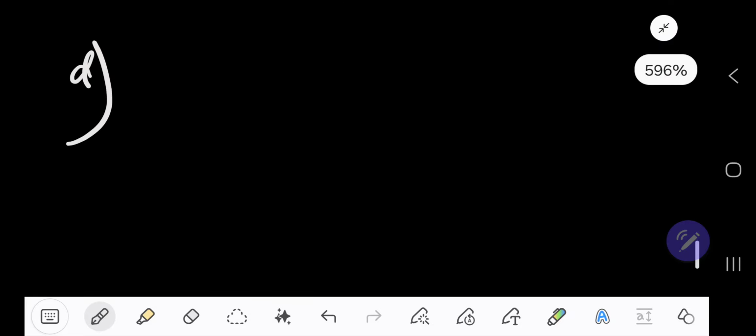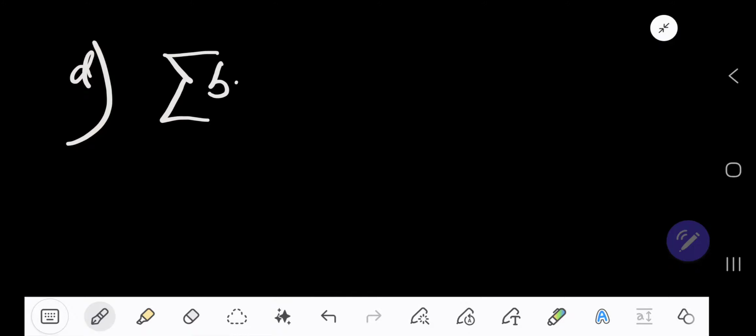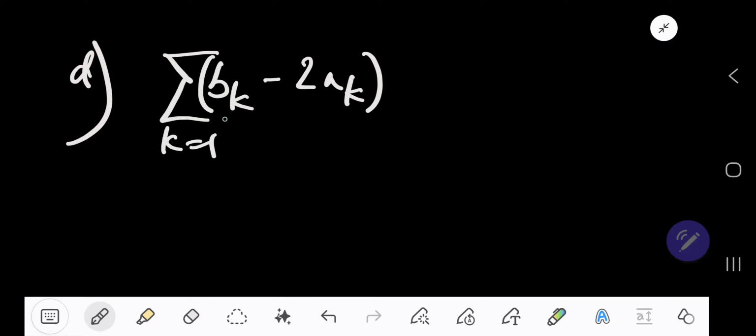And now find the summation of bk minus 2ak from k equals 1 to n. So what is this equal to? We can separate this into two terms.